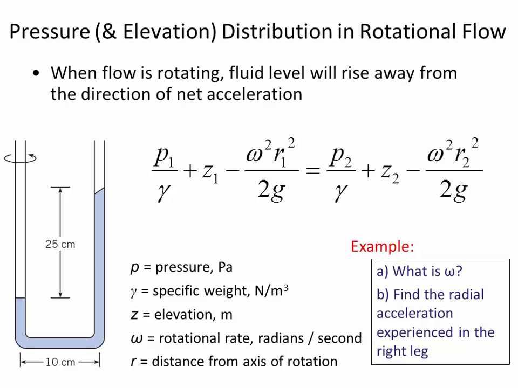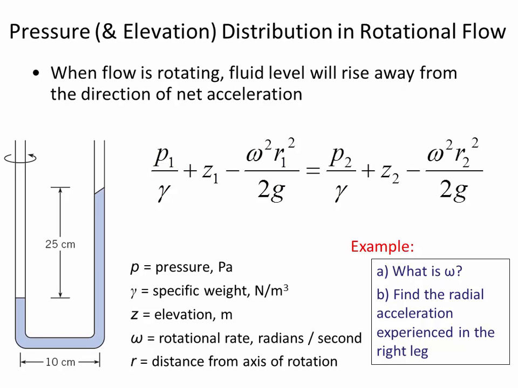So let's start substituting things into the equation. It's going to make things easy really fast because the pressure at 1 is 0, which eliminates this term. Z1, the elevation of the water surface in the left leg, is 0, so that eliminates this term. R1 is 0, so that eliminates this term.